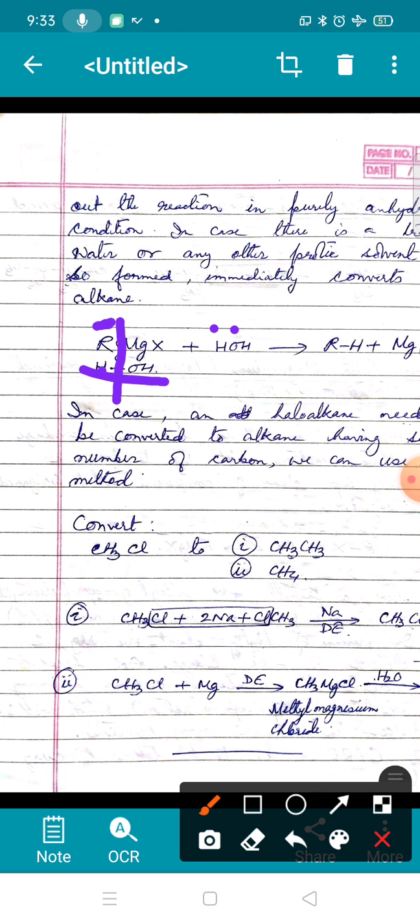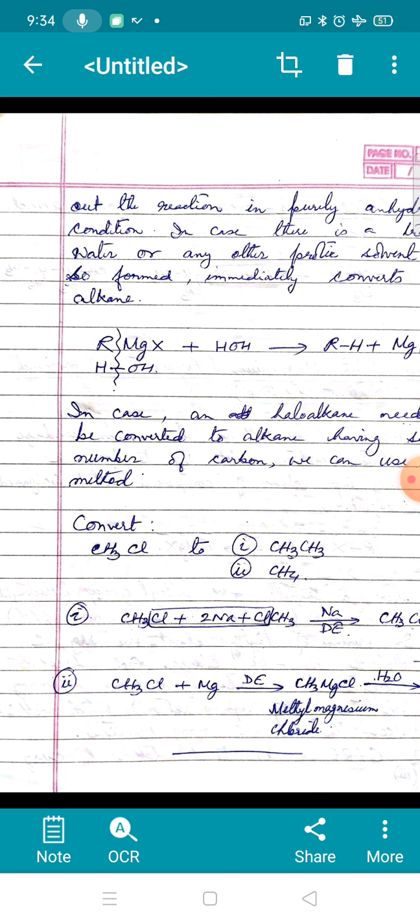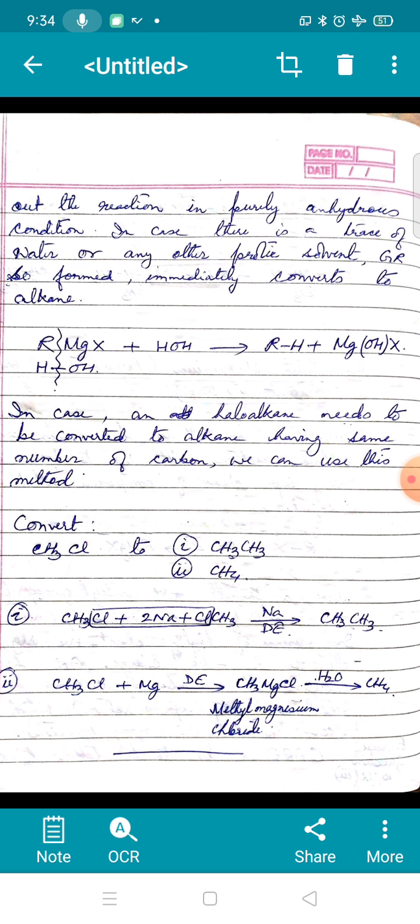R being minus, it will take up the H and it will get converted to alkane. And the byproduct formed will be magnesium together with a halogen and OH group. So the byproduct is not so important here. This question is very often asked: why should Grignard reagent reactions be done in purely anhydrous conditions?